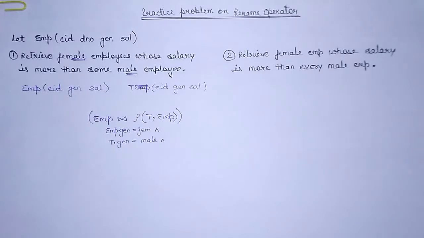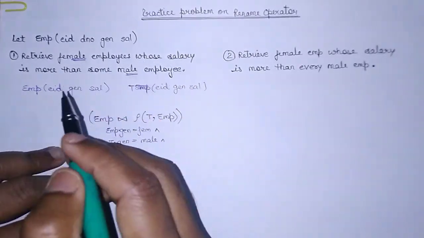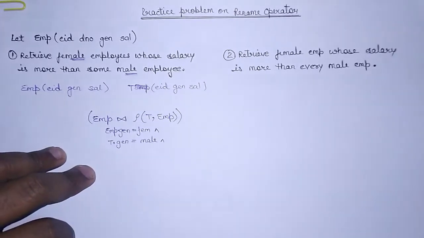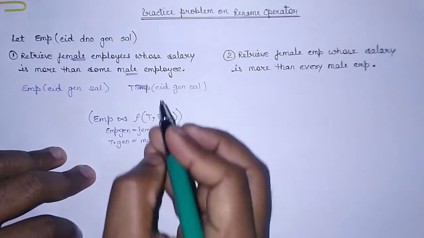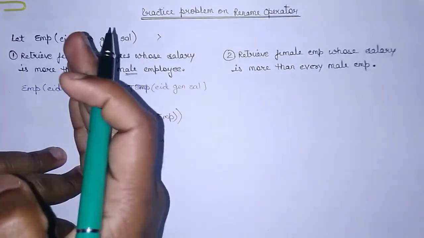Now we have to check the third condition, for the salary. Female employee whose salary is more than some male. What is the sign of more than? It is greater than.